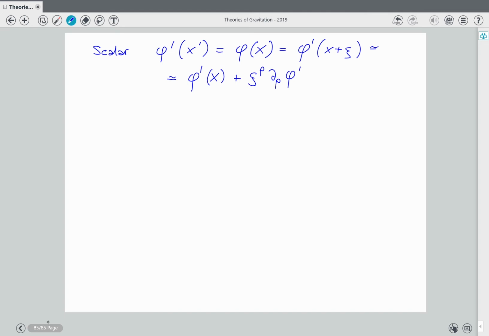And so when you compute the difference φ'(x) minus φ(x), you get to the first order minus ψ^ρ ∂_ρ φ, which is the Lie derivative of a function, as we checked earlier. And that's it. So that is what the Lie derivative is about.